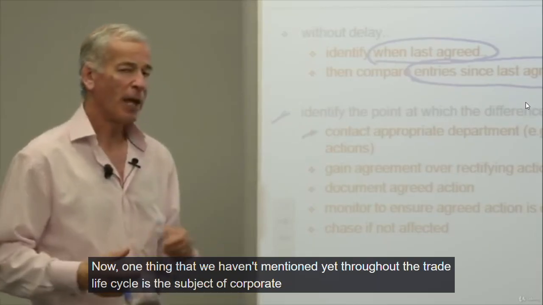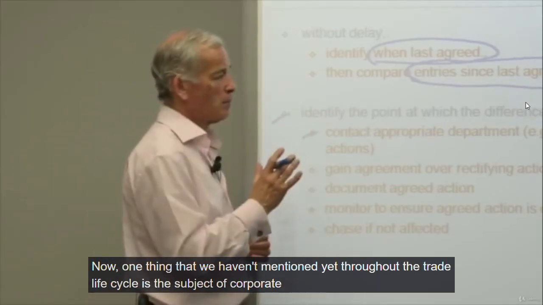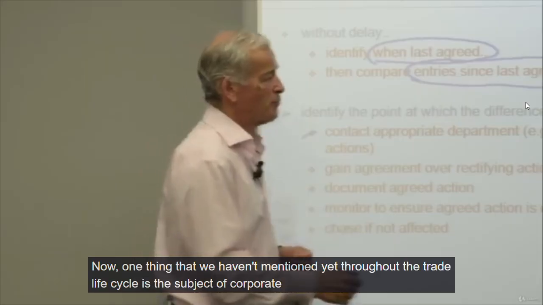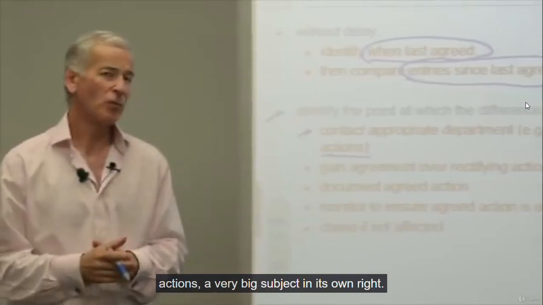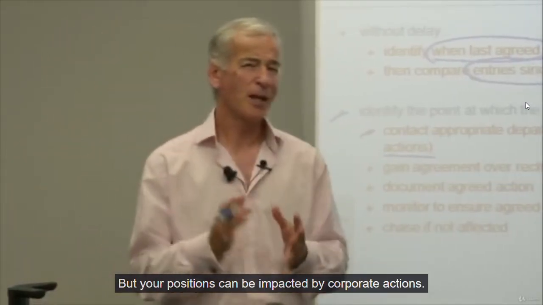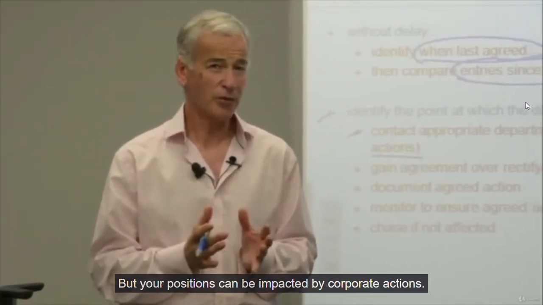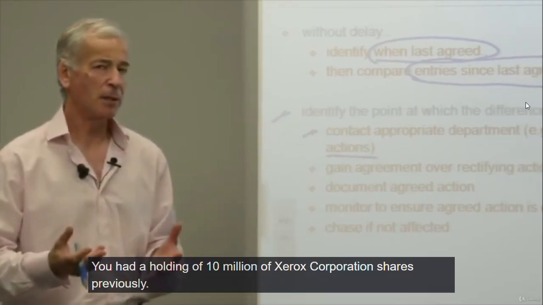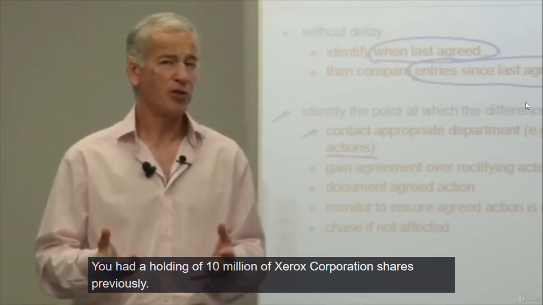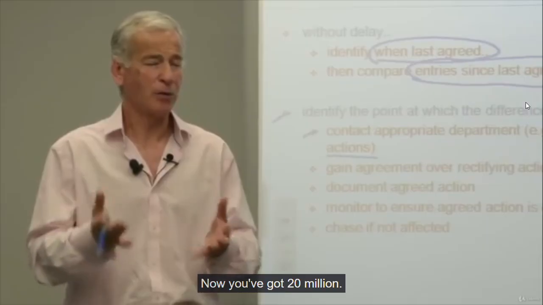Now, one thing that we haven't mentioned yet throughout the trade life cycle is the subject of corporate actions. A very big subject in its own right, but your positions can be impacted by corporate actions. You had a holding of 10 million of Xerox Corporation shares previously. Now you've got 20 million.